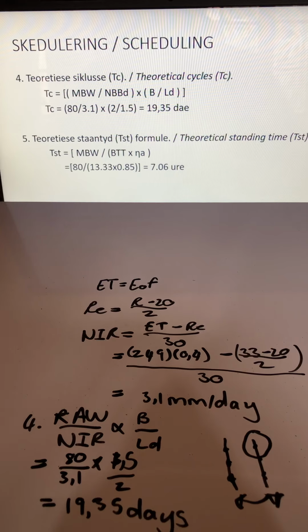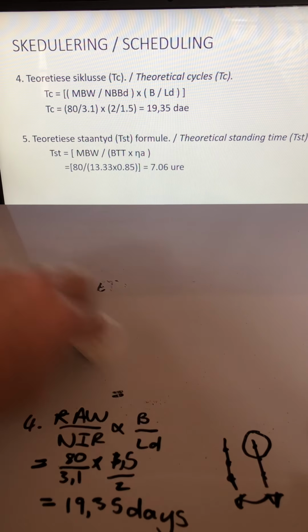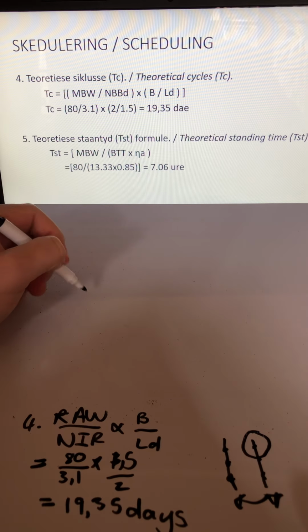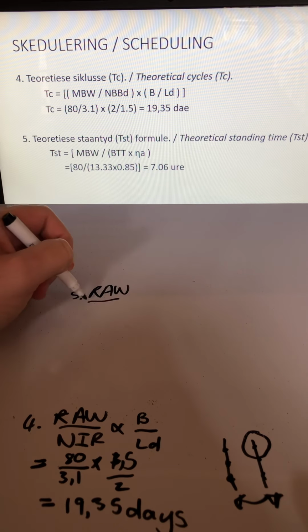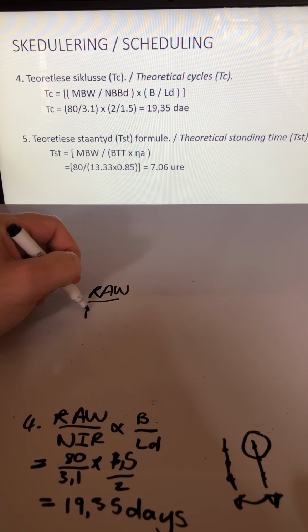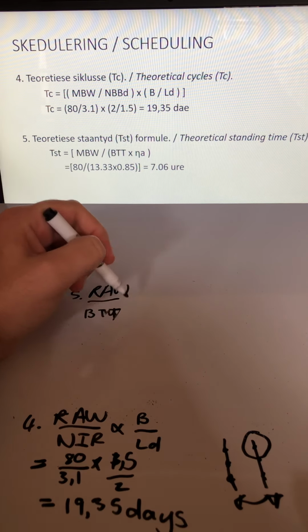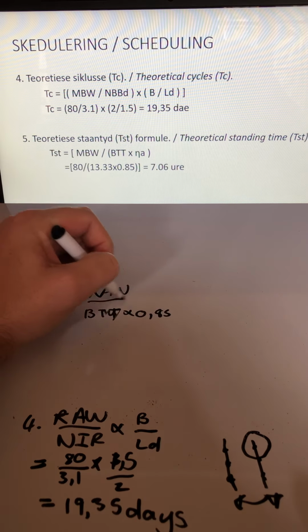So the theoretical standing time: how long will you let this irrigation stand for in order to fill up your soil, and that is your readily available water. So number 5 is your readily available water divided by your net irrigation requirement, and that is multiplied by the efficiency of your irrigation system.